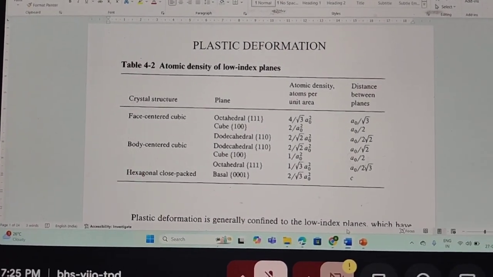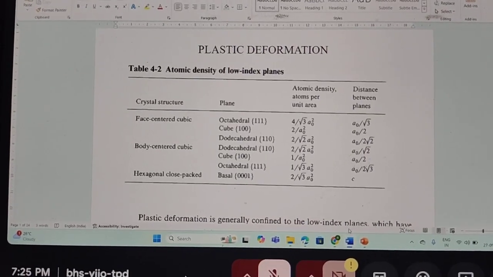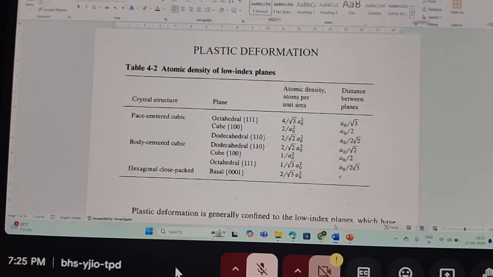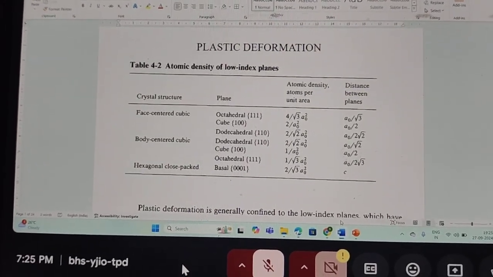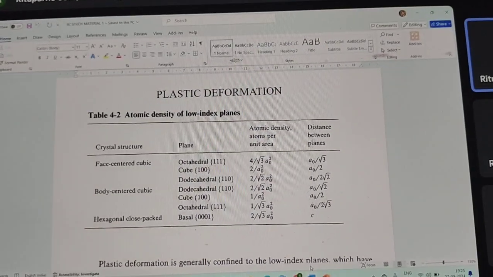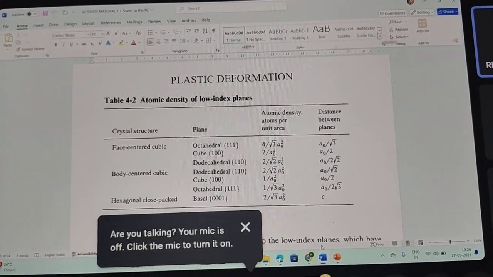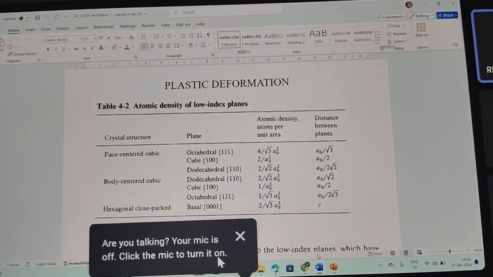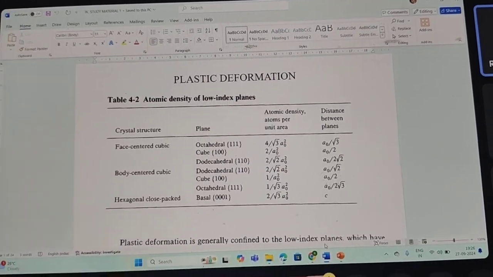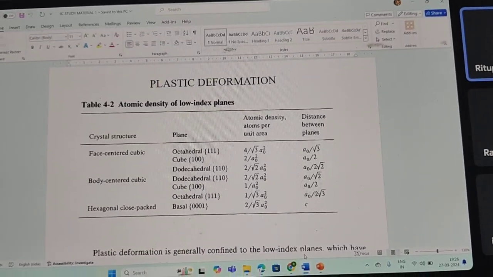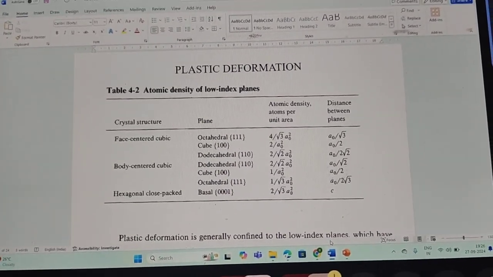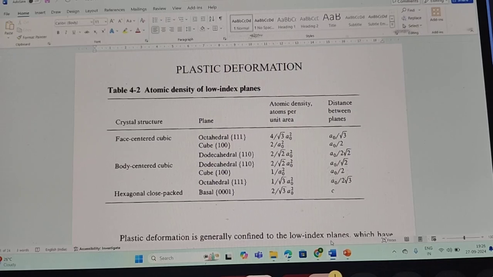Suppose you have an iron bar, a rectangular or squarish iron bar, a cube-type iron bar, or a cylindrical iron bar, or something like that. You clip it at the ends, and then you try to move apart. That means you are pulling it apart.